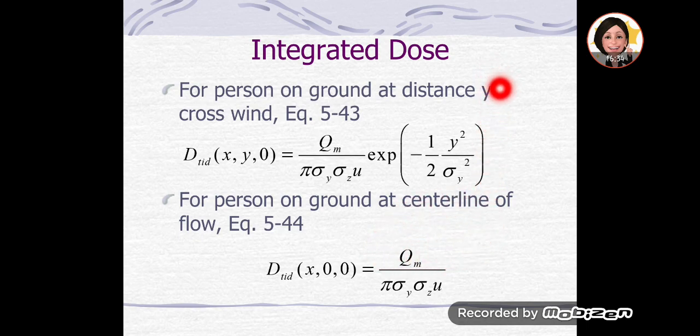This one has a distance, this one you are in the center line of the flow, and this one has a y direction, which means it goes sideways. So you have a different impact.